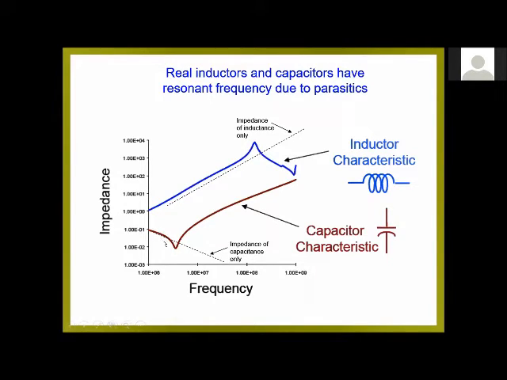A capacitor drops in impedance only up to a certain resonant frequency, at which time its parasitic inductance takes over, and an inductor only has an impedance increase up to a certain resonant frequency, at which time its parasitic capacitance takes over. These effects you really have to be aware of when you're doing filter design. It's very important because the components you use are usually not good up to very high frequencies, so you have to do other things to fix your problems.